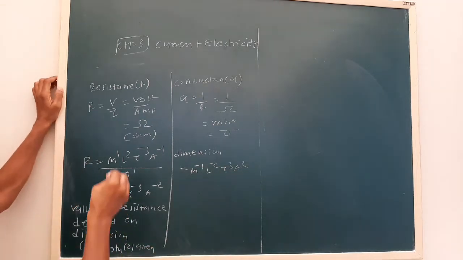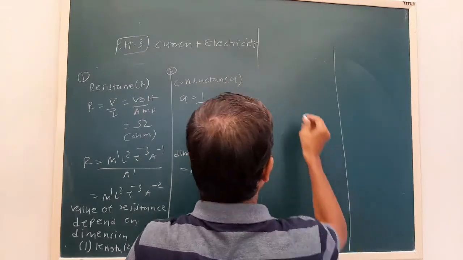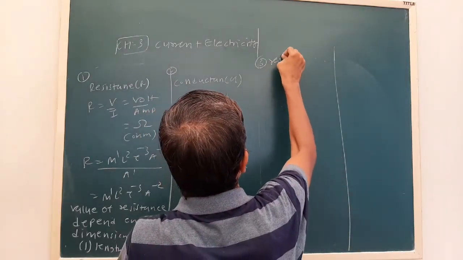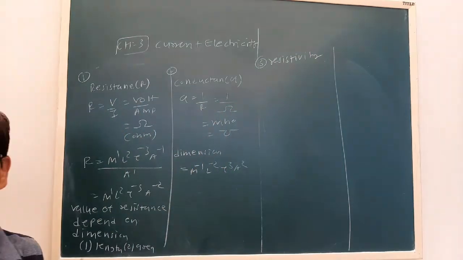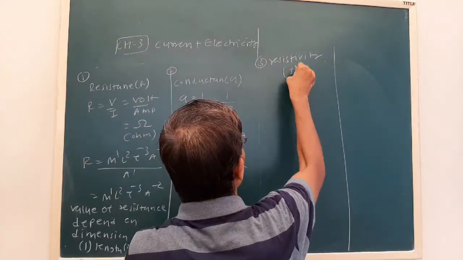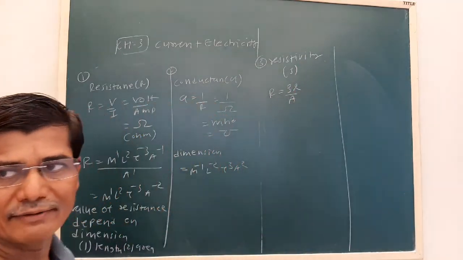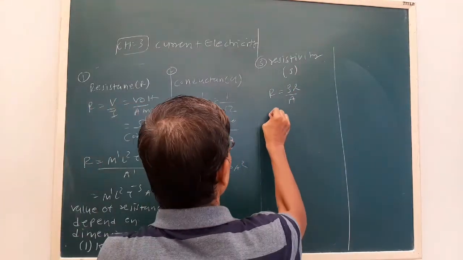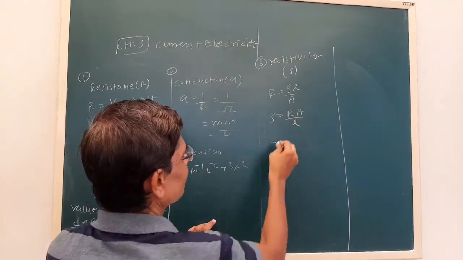Okay, now there is a second. Now third we have to see is the resistivity. Okay, resistivity is denoted as rho. R is equal to rho L by A. Okay, that we have seen. So rho is equal to RA by L. Now how do we write the unit?